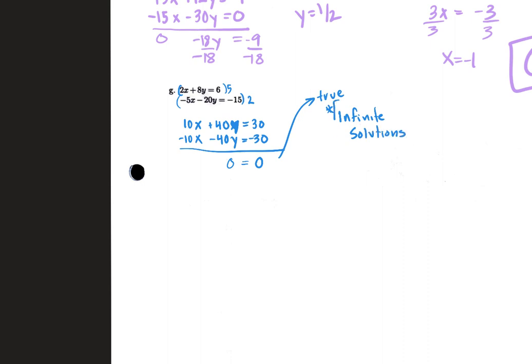And that is how we write our answer for now. You cannot write all real numbers for these solutions because not every x goes with every y. So there are infinite solutions, but each one of those solutions has a distinct x and y pair to it. So that's why we write infinite solutions.